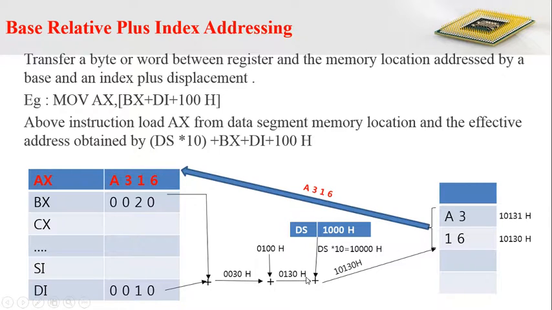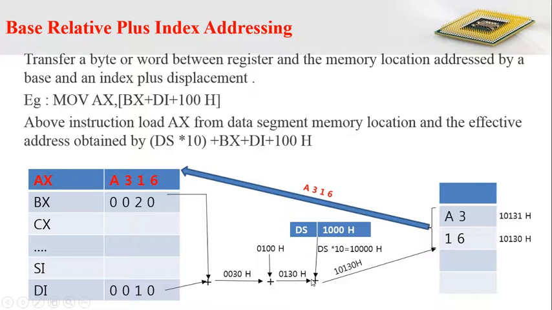Then add the value of the BX register, that is 0020, and the DI register content 0010. After adding these two, we get the value 0030, and also add this direct displacement value available in this instruction, that is 0100, and as a total we get the sum 0130H.